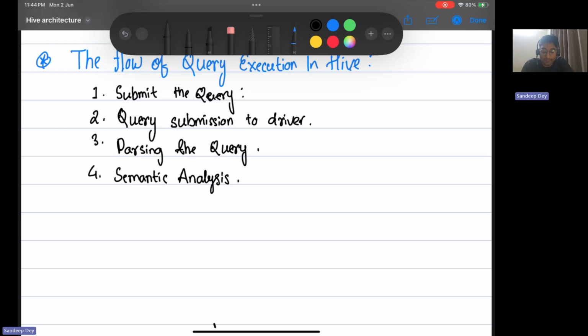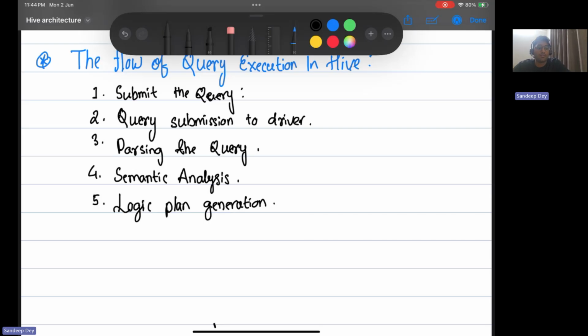Next is logical plan generation, the fifth step. What does it do?